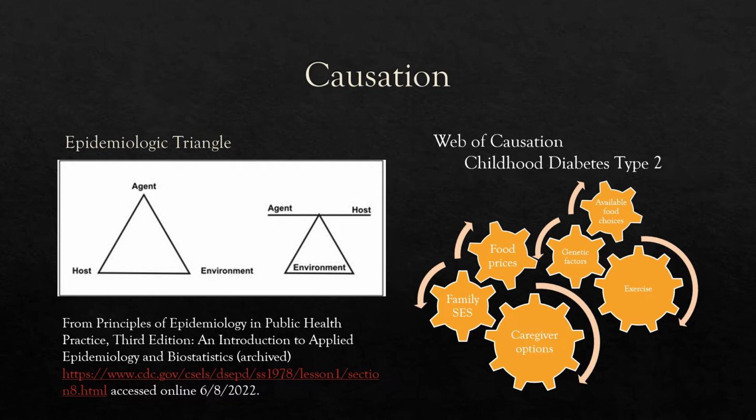The agent in that situation would be the mosquitoes, and then the host are people in which the falciparum parasites that the mosquitoes carry are able to reproduce and cause active malaria. So that's one way that we've always historically thought about the epidemiologic triangle.